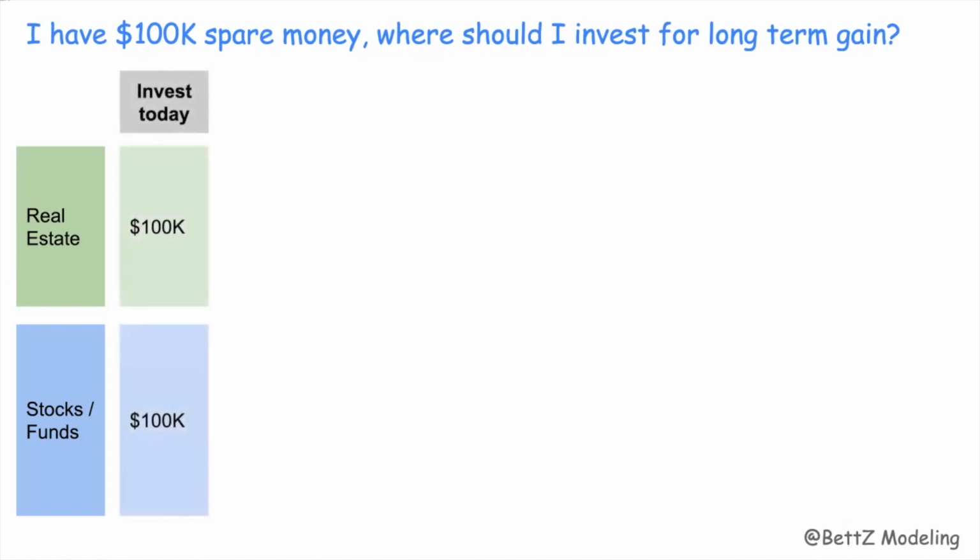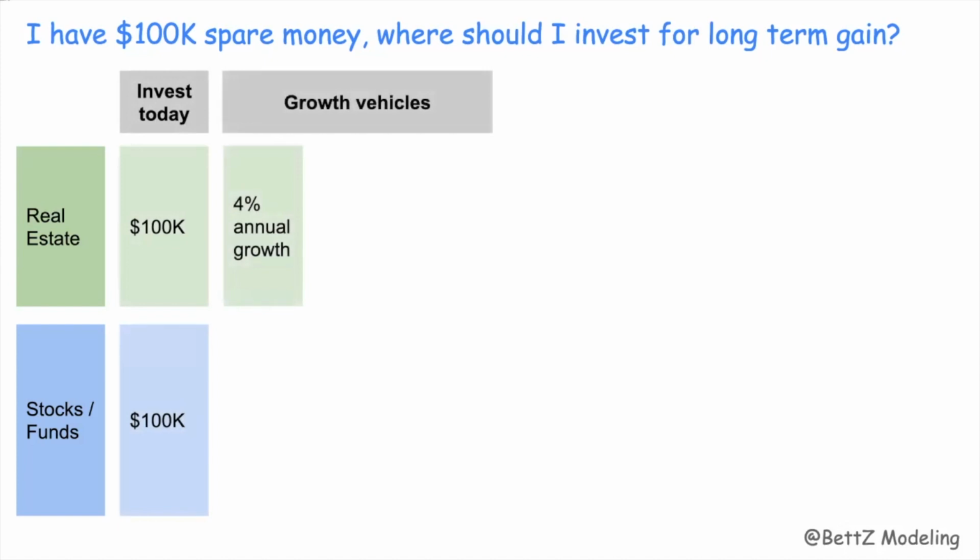Assume we have 100K spare money to invest today. I'm using a very conservative annual growth rate in the house market, 4% compounded annual growth rate. This is a very conservative rate based on my research and experience. If you can get a house that has higher growth than this, it is an extra bonus in the end.